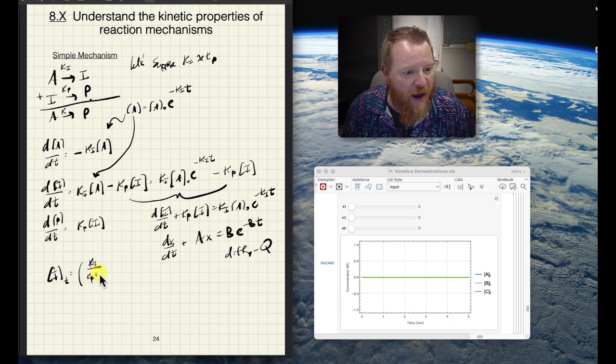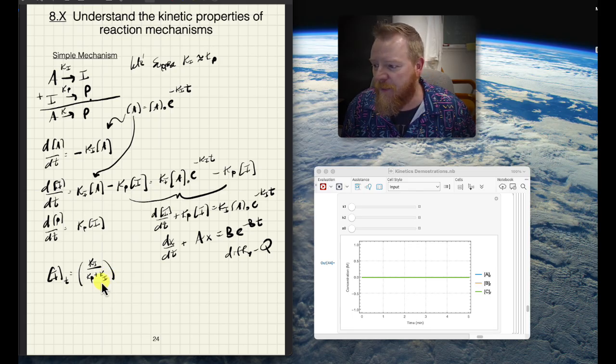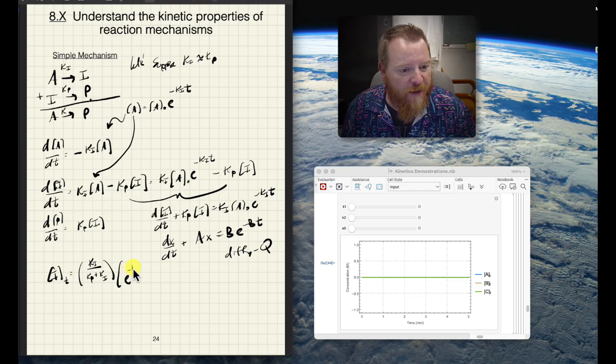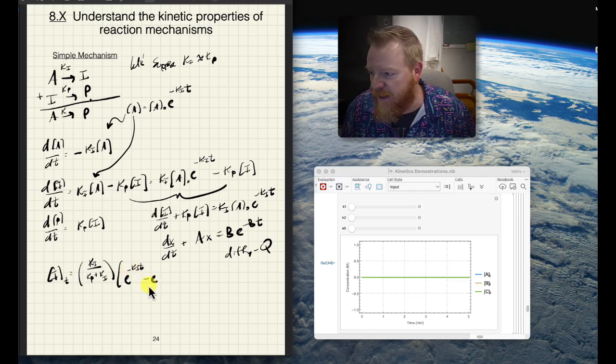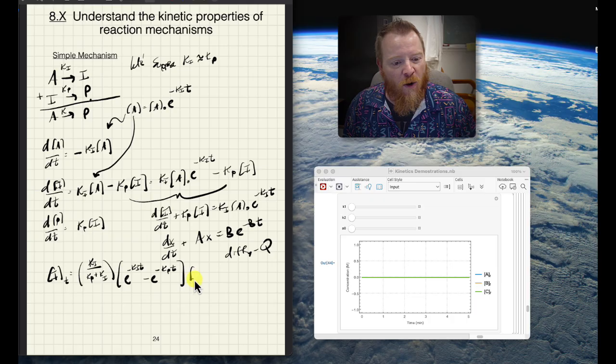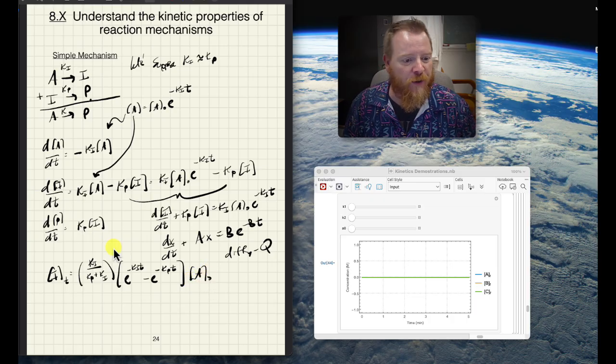It goes Ki over Kp plus Ki times the quantity e to the negative Kit minus e to the negative Kpt, end bracket, all times A initial. And I'm going to box that off.